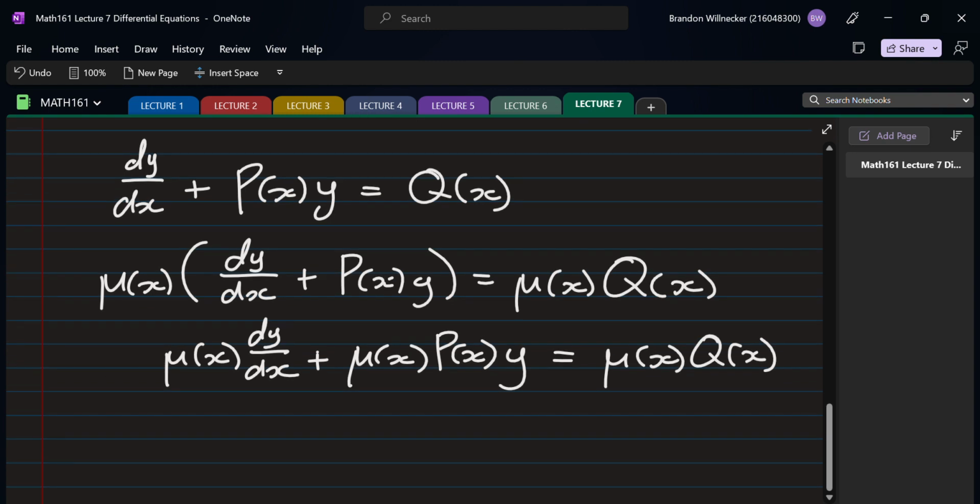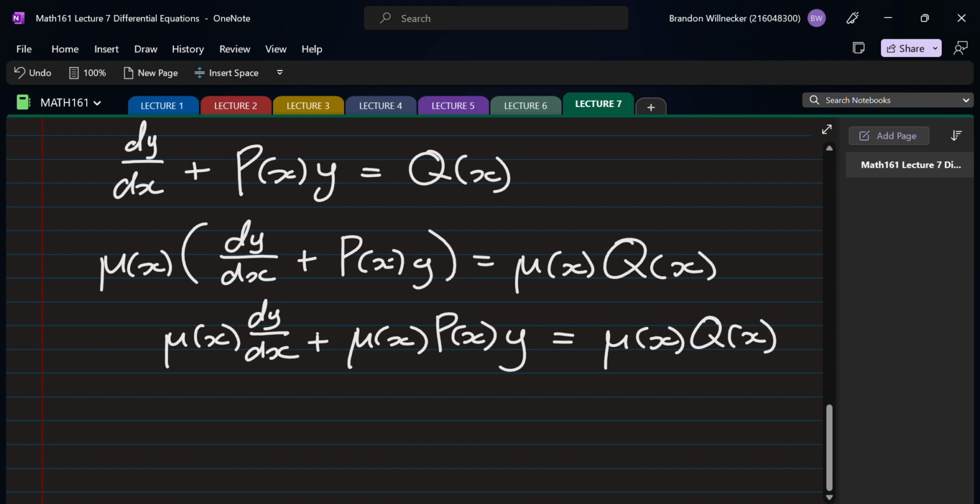Okay, and like I said before, we want to combine these two sides into a single term. Now notice that this looks fairly similar to the product rule. So here we've got mu times dy/dx plus something else times y. If we can make this something else, mu(x) p(x), be equal to d mu/dx, so if we force this to be true, then this left-hand side is just the product rule after taking the derivative.